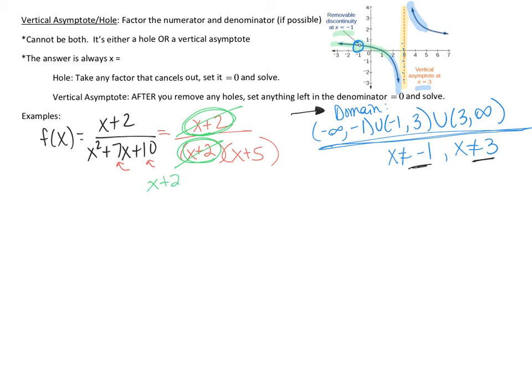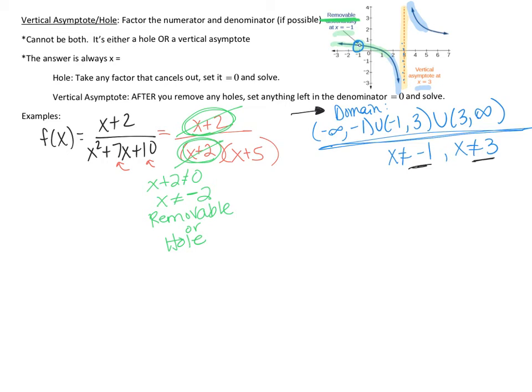I want to remove, removable discontinuity, right? I want to remove x plus 2, which means that x plus 2 cannot be 0, meaning that x cannot be negative 2. I removed it, so that is going to be my removable discontinuity, or what we like to call a hole. All right, so I've removed it from the equation.